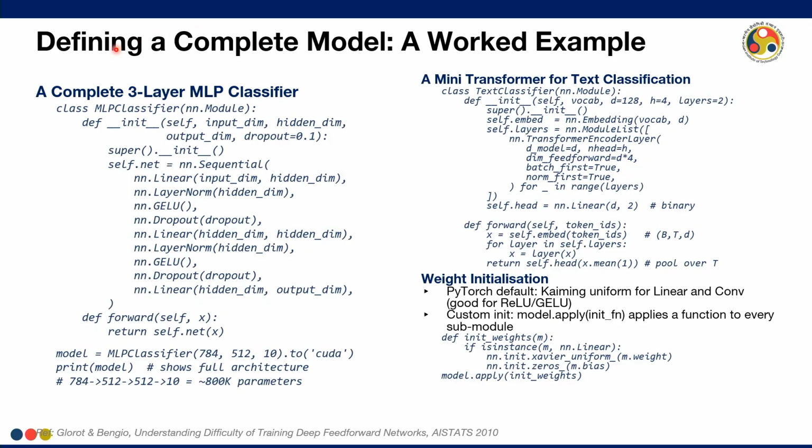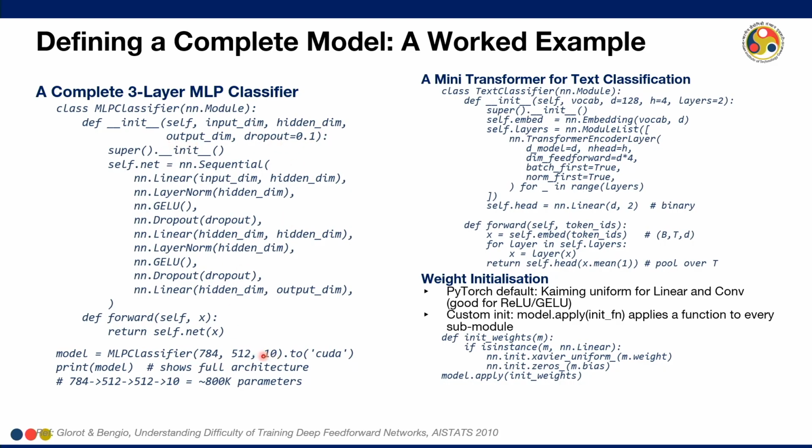We can define a complete model, and here is an example. This is a complete 3-layer multi-layer perceptron used as a classifier. The output dimension is how many classes I am trying to classify. So here you can see model equals MLPClassifier, which is the class I am creating this object for, and the constructor takes the input dimension, hidden dimension, output dimension and dropout.